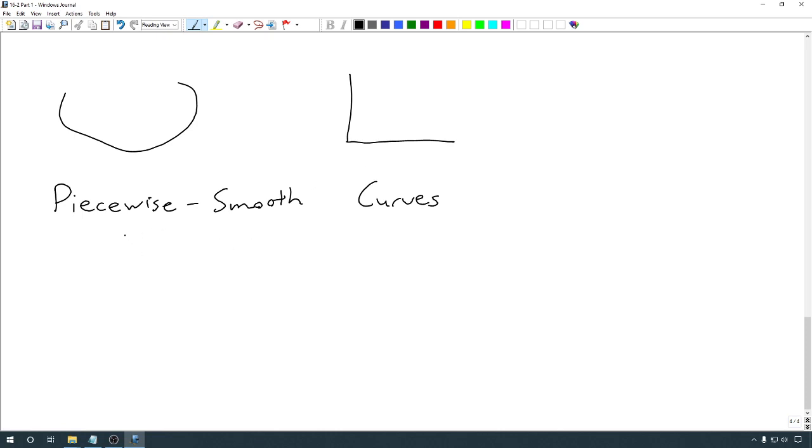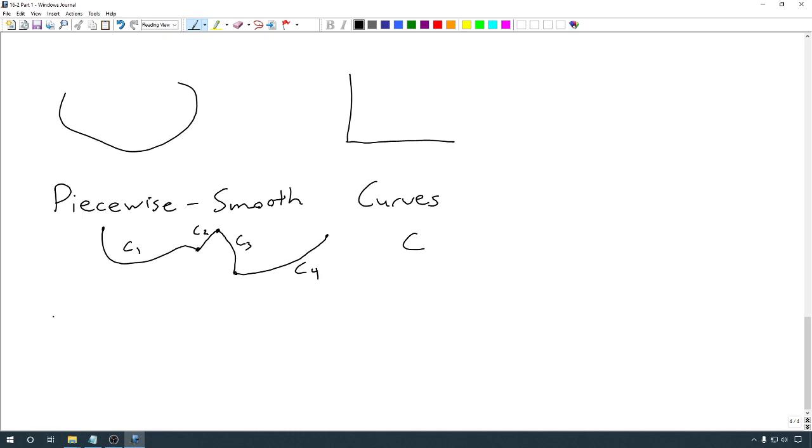So we could have something that is nice and smooth here, but then takes a corner. Maybe it has another corner. But it's just made up of different pieces. So this whole thing might be called this curve C, but then we have a C1, a C2, C3, C4, where each of these C's is a smooth curve.